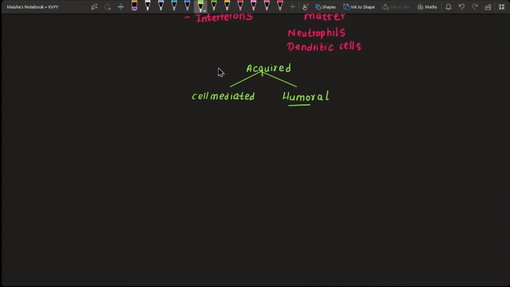Humor means any body fluid, so here we talk about the immune cells present in body fluids such as the lymph and the blood. Cell-mediated immunity is brought about by specific kinds of WBCs called T lymphocytes. Humoral immunity is brought about by B lymphocytes.